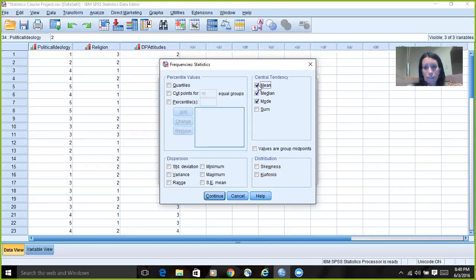For measures of dispersion, we know that the variance and the range are for continuous variables only. This is not a continuous variable, so I would not request any of these. Again, even though this is an ordinal level variable, I'm going to go through the exercise for demonstration purposes. And again, later in the semester, same thing with the mean.